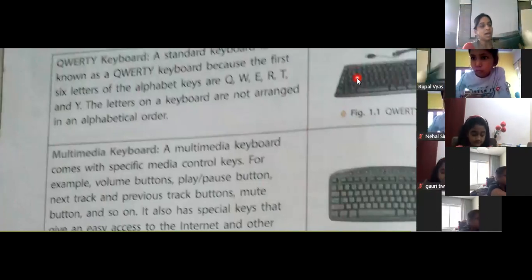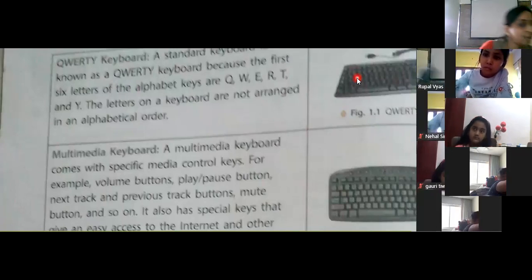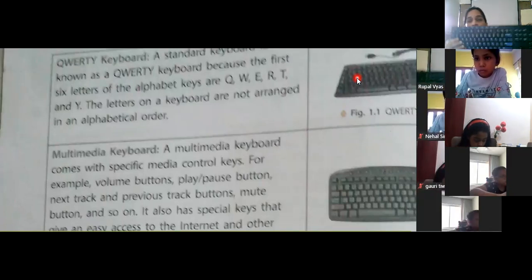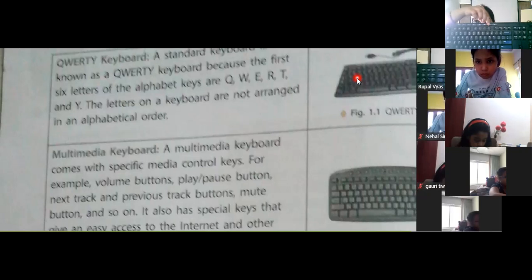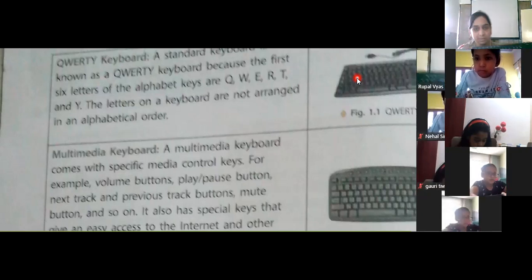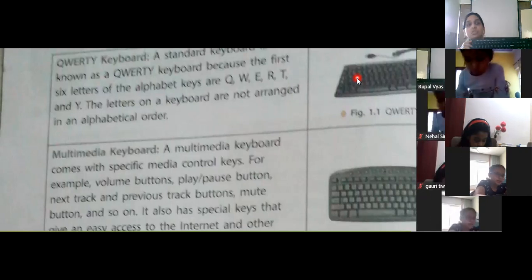Now the second keyboard is the multimedia keyboard. This is the same as the QWERTY keyboard, but the difference is these buttons. As you can see, these buttons are there. We use these buttons to control the multimedia device. For example, speakers are connected and a song is playing.